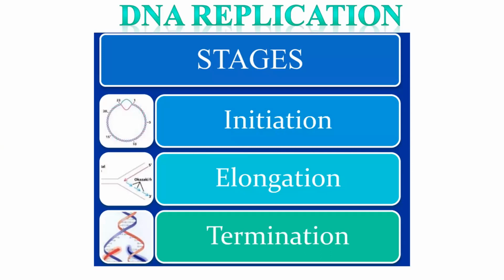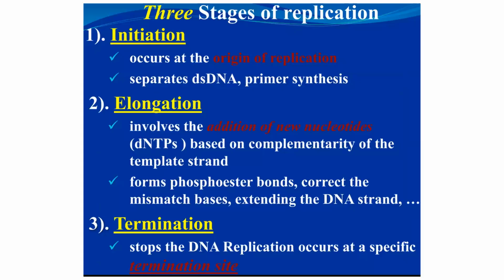Then the third step is termination. In termination, DNA replication has to be stopped at a particular point where the parent strand and the newly synthesized strand will be released from the system. So this is all about the overall three stages of DNA replication.